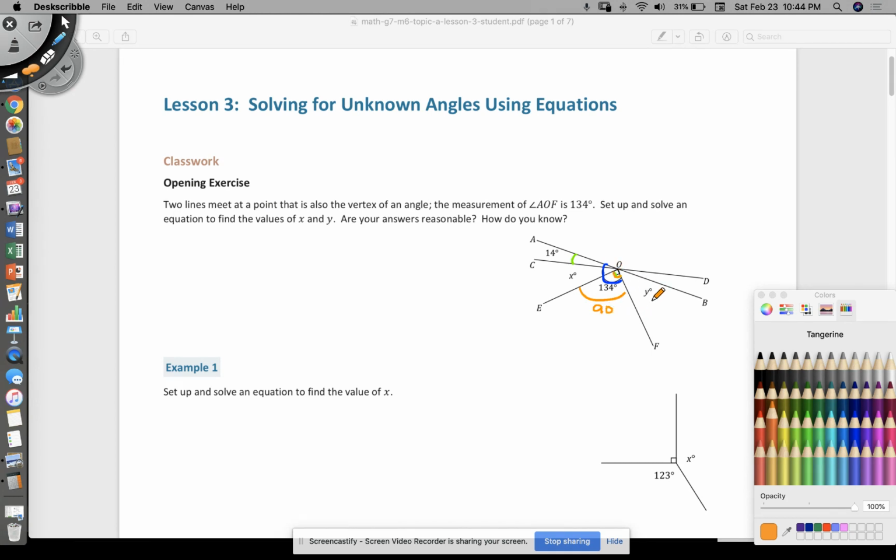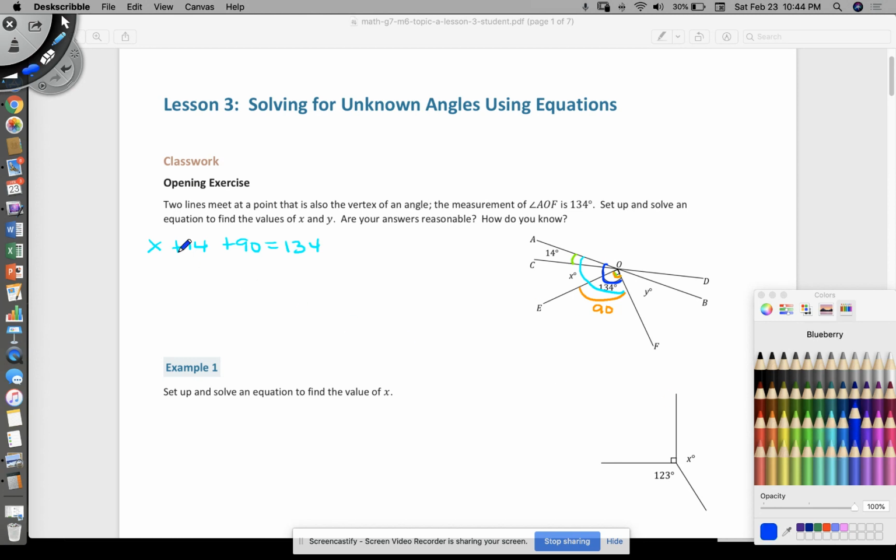If I took this X plus the 14 plus the 90, I would get the 134. So that's my equation: X plus 14 plus 90 equals 134.